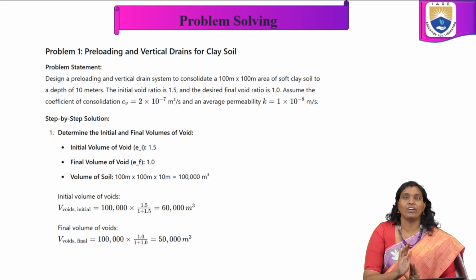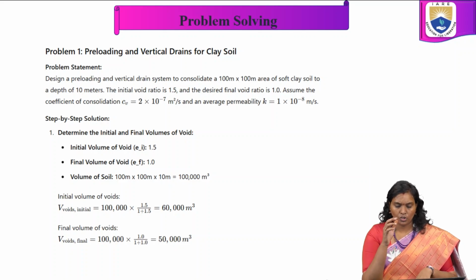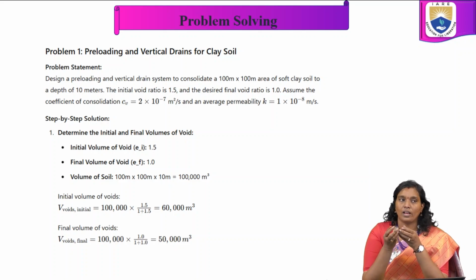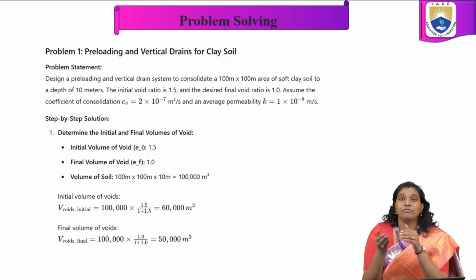Now we are understanding the problem statement: what type of soil or what kind of situation we have for choosing a technique, what expected outcome we get from that technique, and what steps are involved according to the problem statement for the modification technique.